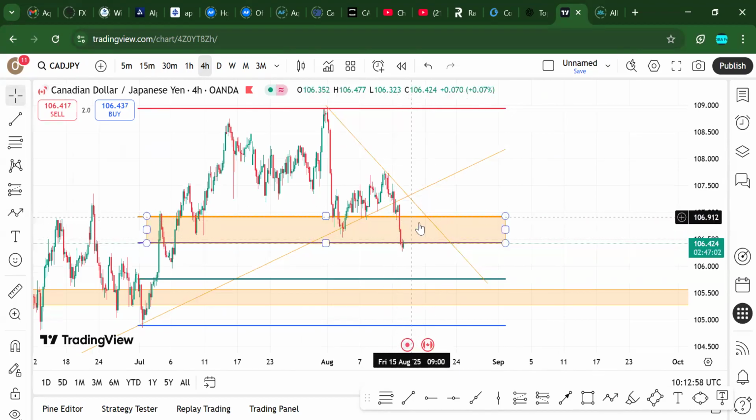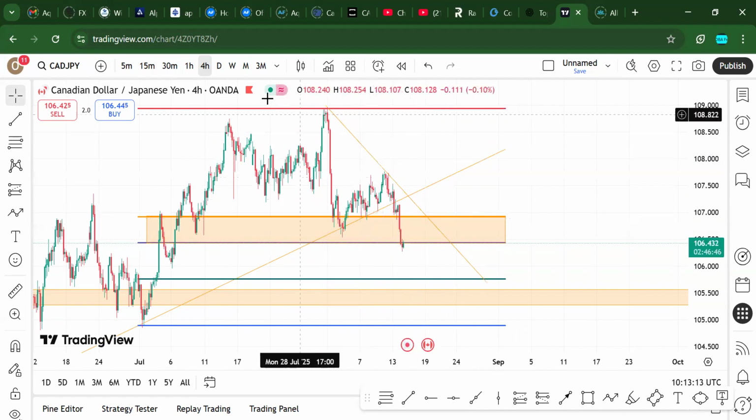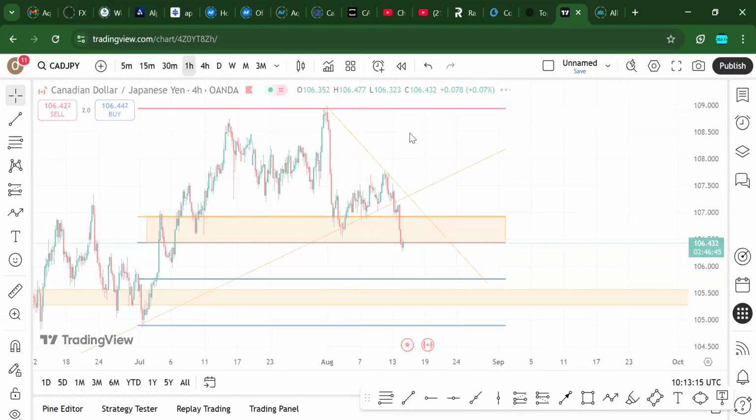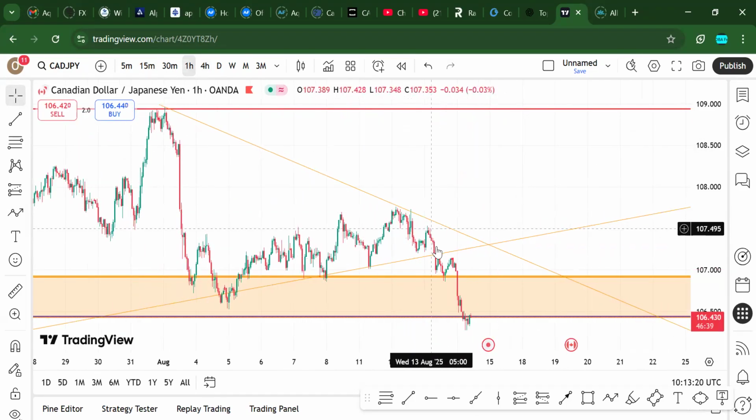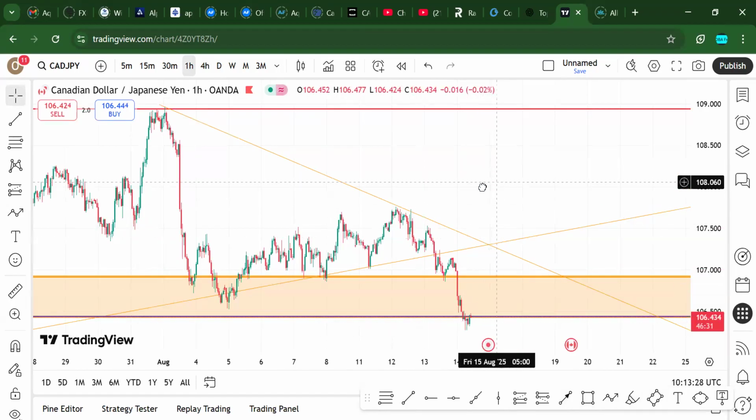So if we can spot an inverse head and shoulder pattern, or a candlestick pattern like a bullish engulfing pattern, then we can go to a much lower time frame to see if there's a change of trend. If I go to the 1 hour time frame, it's obvious that the market is still making lower lows and lower highs. So immediately we notice a change of trend, which means once the market makes a higher high and higher low, then we can take buy trades.